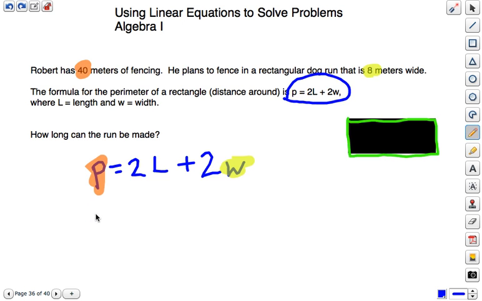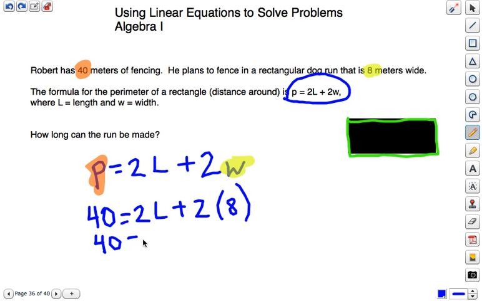So we're going to substitute those into this formula right now. So we have 40 equals 2 times L plus 2 times 8. Okay, so 40 equals 2L plus 16. Now we're going to subtract 16 from both sides.